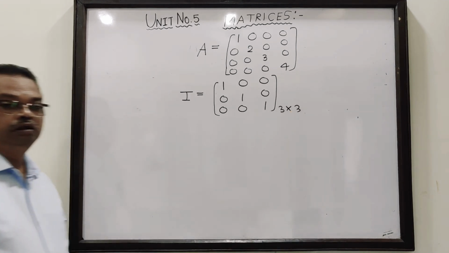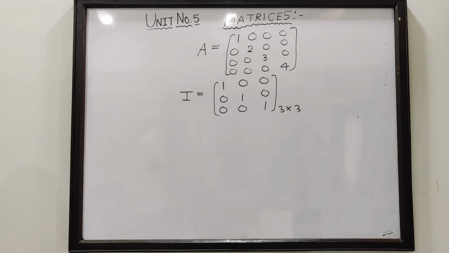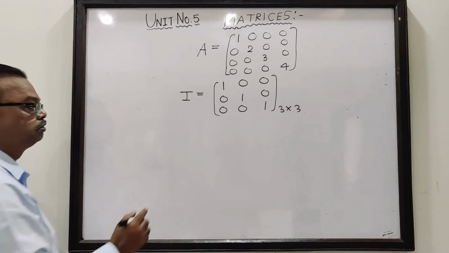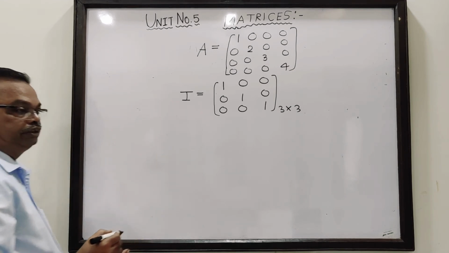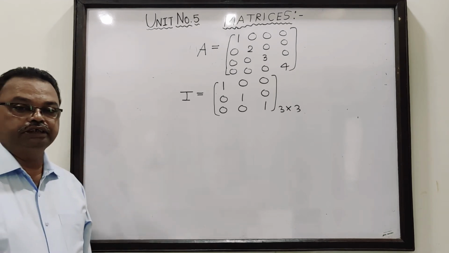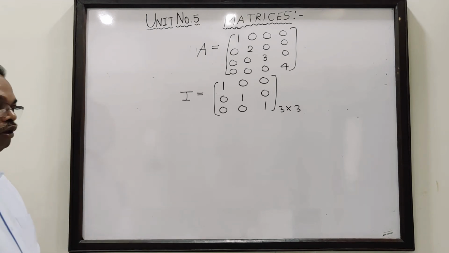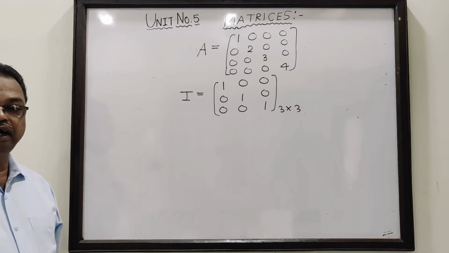Then, what is called an upper triangular matrix? It is a square matrix in which all the elements below the principal diagonal are zeros.